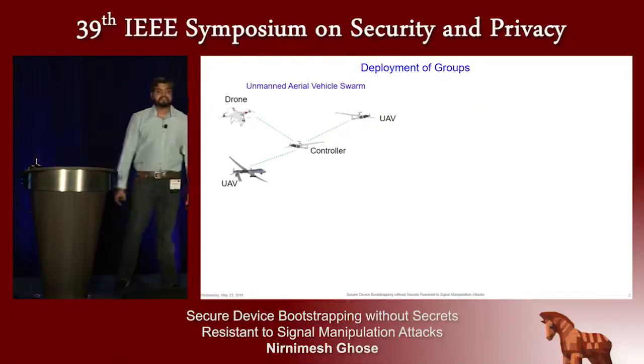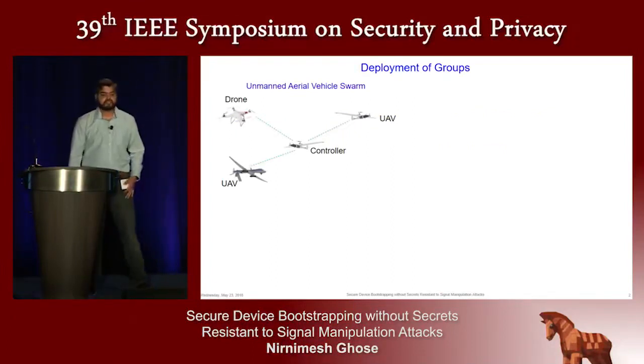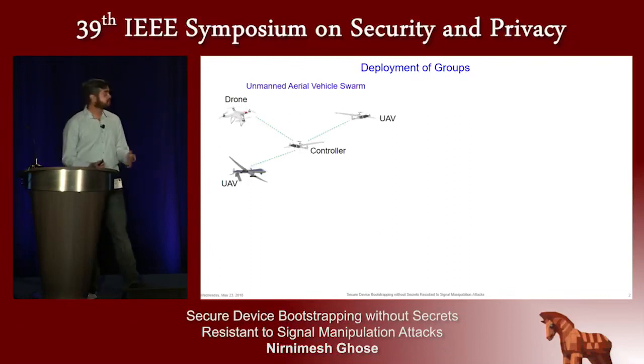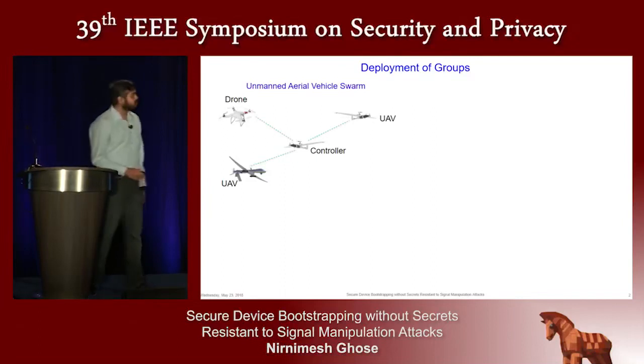In several applications, a group of devices need to be deployed either simultaneously or in a sequence of very short time. For example, in an unmanned aerial vehicle swarm, multiple UAVs connected to a central controller are required to be deployed at the same time.